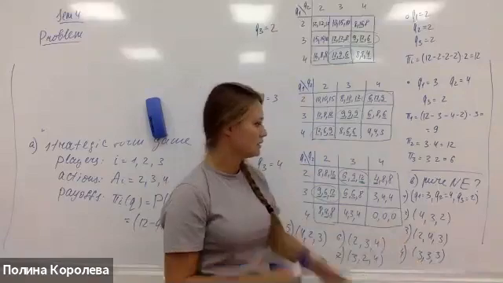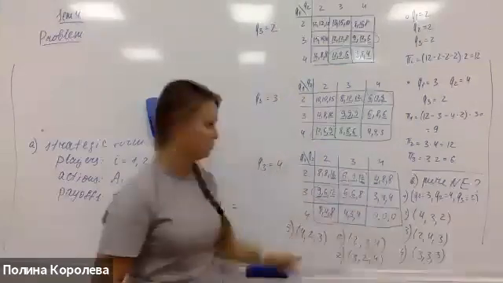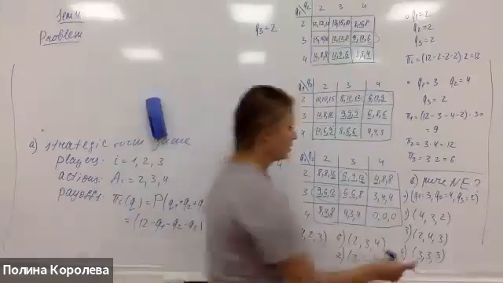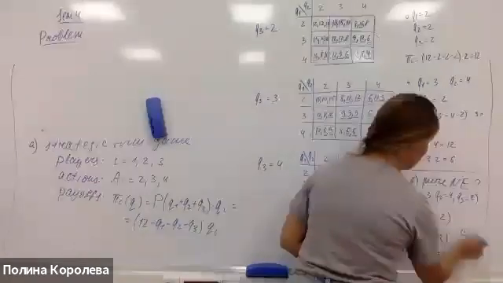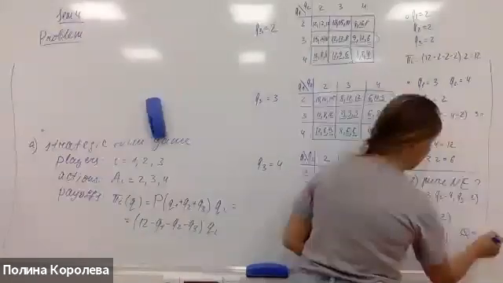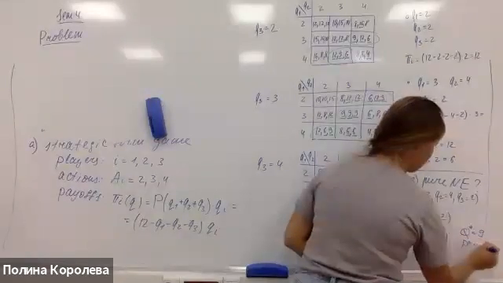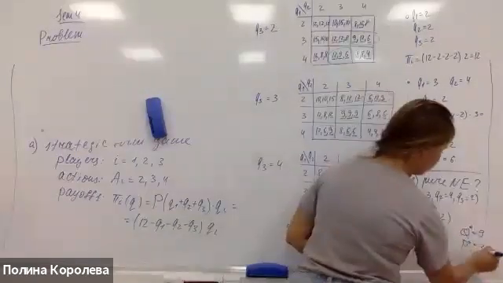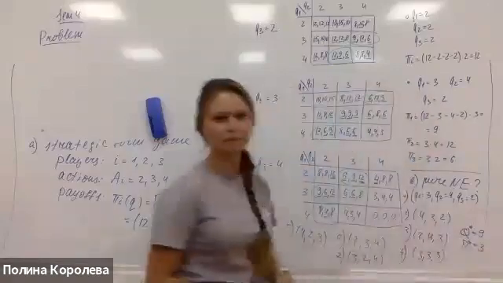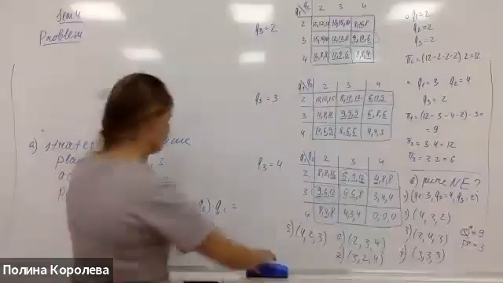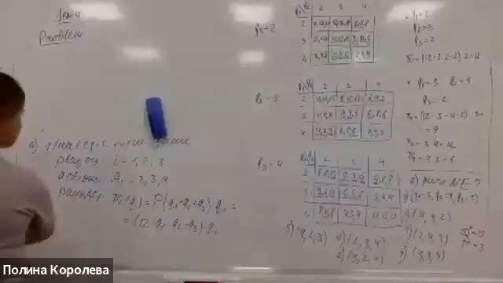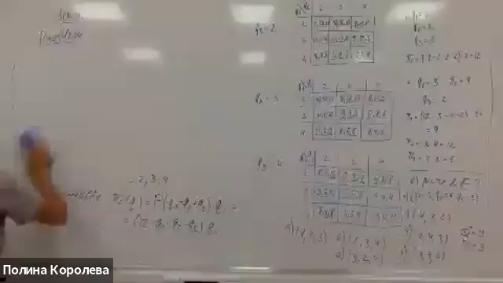And the price in each situation will be 3. So everywhere quantity is equal to 9 and the price is equal to 3. 12 minus 9. But it's just for you to notice it.